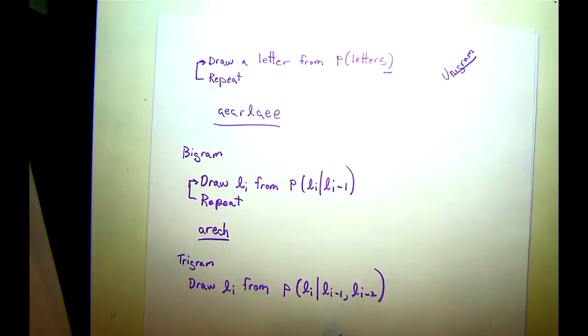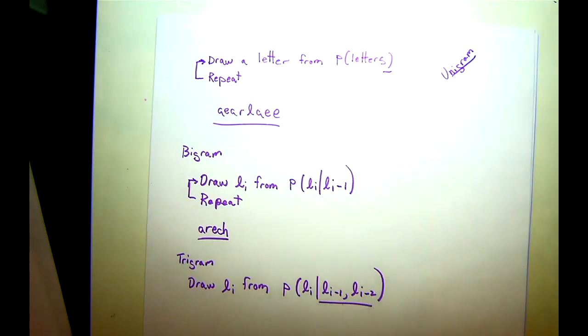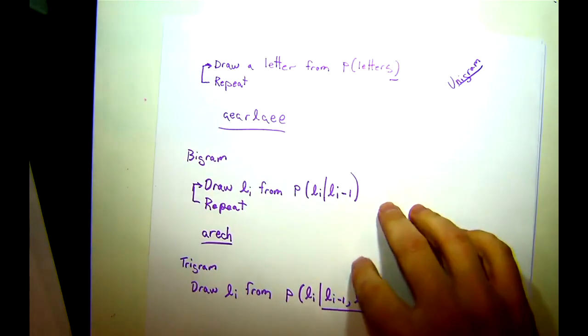Now, one thing you should think about is that we're looking back twice now. So if we leave it like this, technically we're violating the Markov chain rule, but there's a really easy way to get around that.